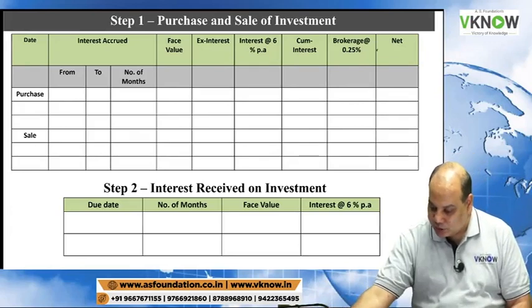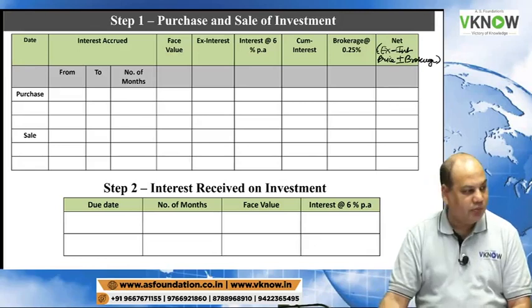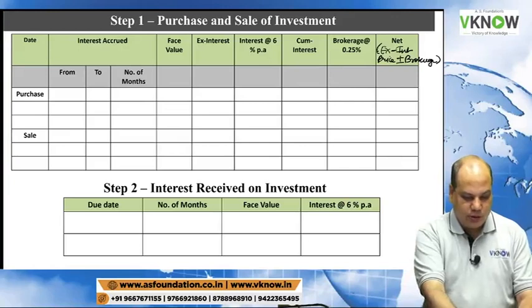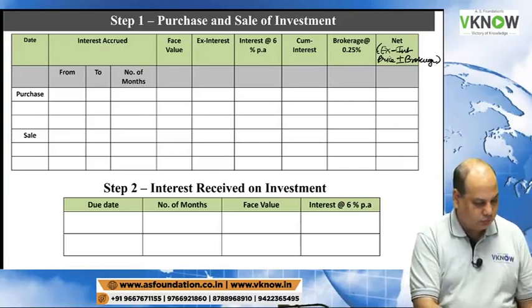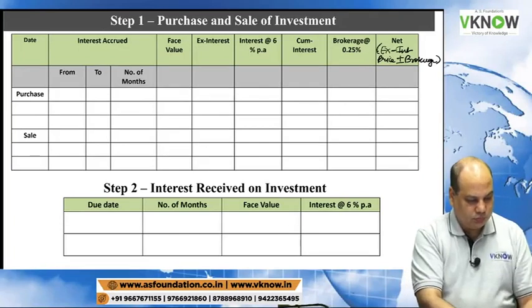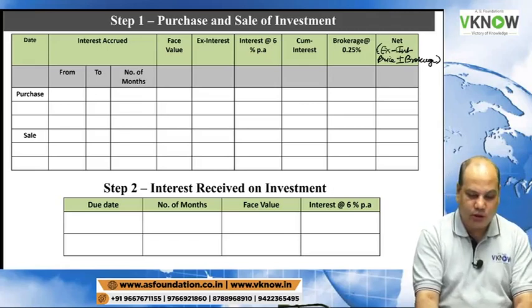So net amount will be equal to ex interest price plus or minus brokerage. I need 10 columns. Have you drawn the first working note? Please let me know. Then we can start. Okay, most of you are saying we have done the first working note.